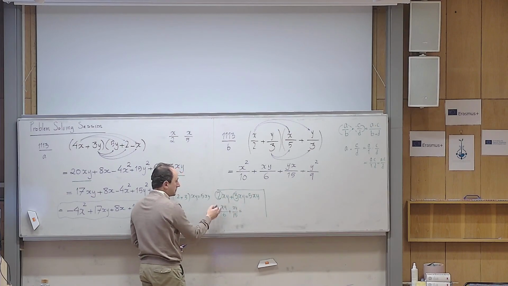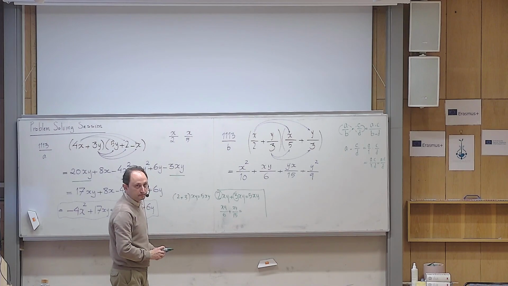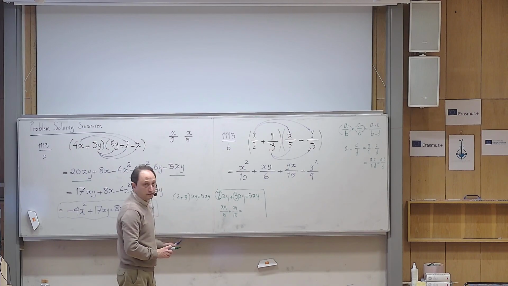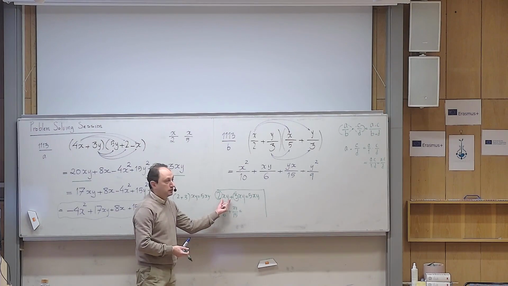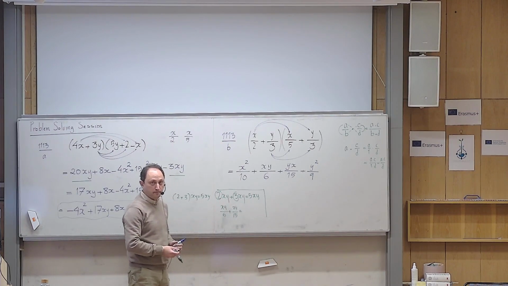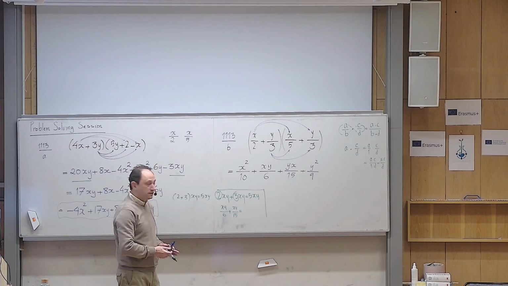But let me ask you the same question here. What is the coefficient in this term? The coefficient is the number that is multiplied by the letters. No, the smallest is the LCD.